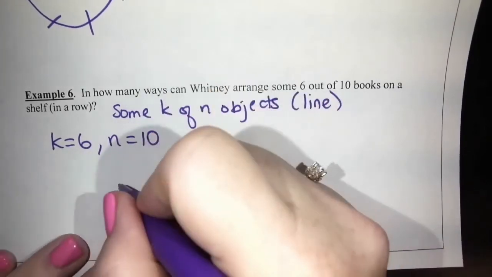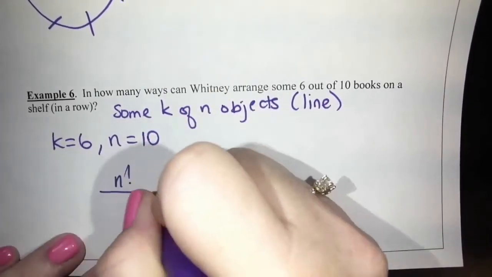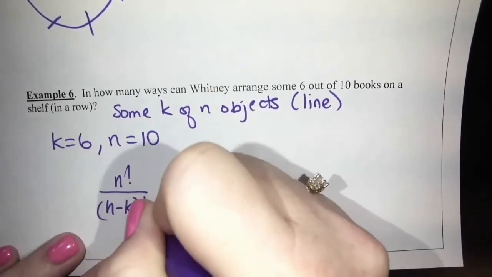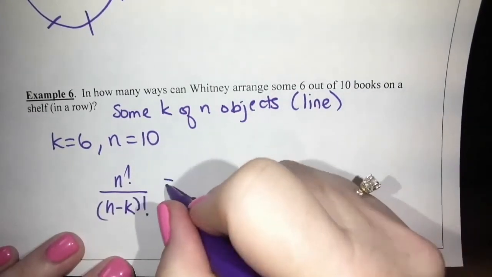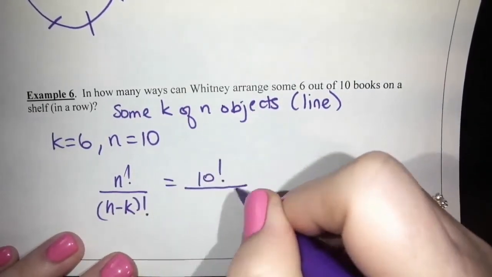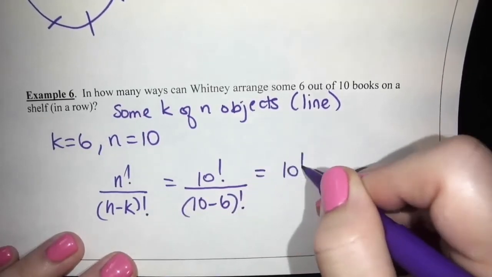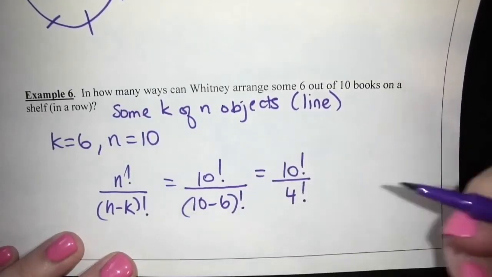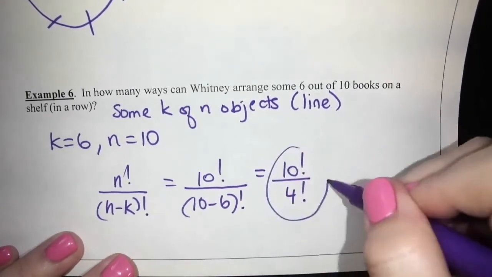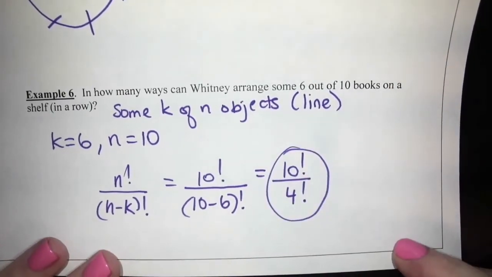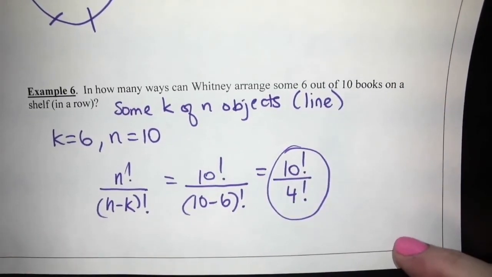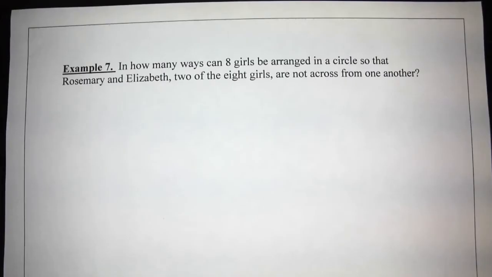So remember, the formula for some k of n objects is n factorial over n minus k factorial. So it would be 10 factorial over 10 minus 6 factorial. And we would just leave that as 10 factorial over 4 factorial. It's too large to work out in your head, and you're not allowed a calculator, so that's how we leave the answer.